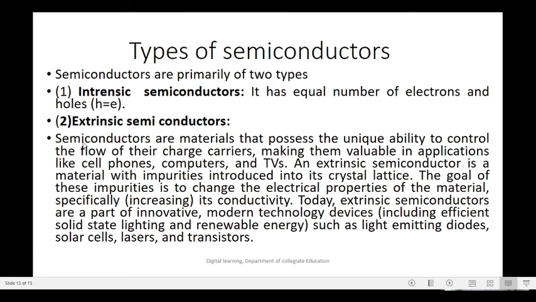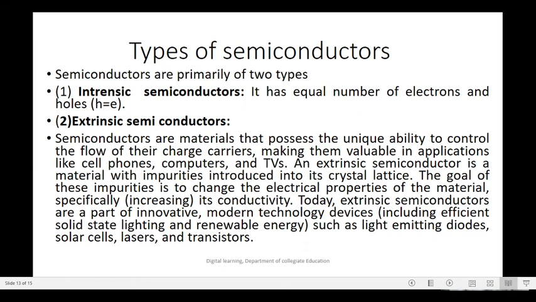Semiconductors are materials that possess the unique ability to control the flow of their charge carriers, making them valuable in applications like cell phones, computers, and TVs. An extrinsic semiconductor is a material with impurities introduced into a crystal lattice.